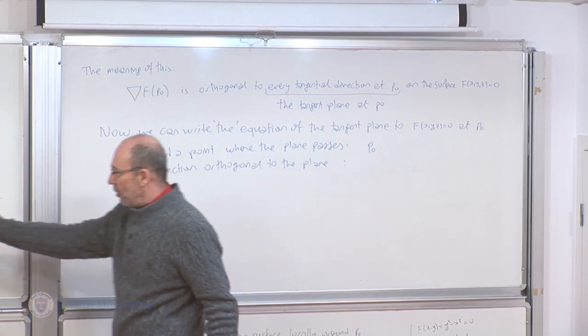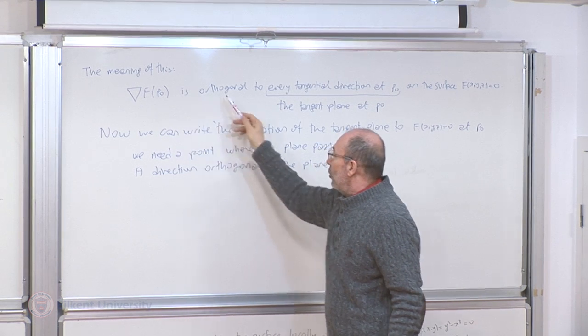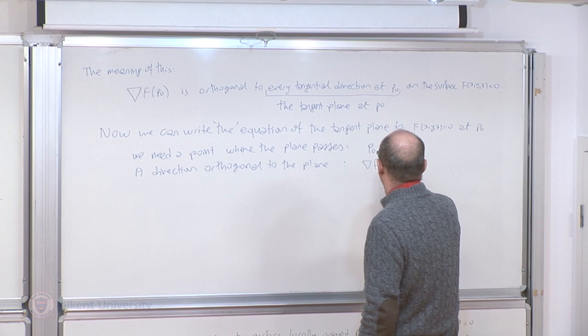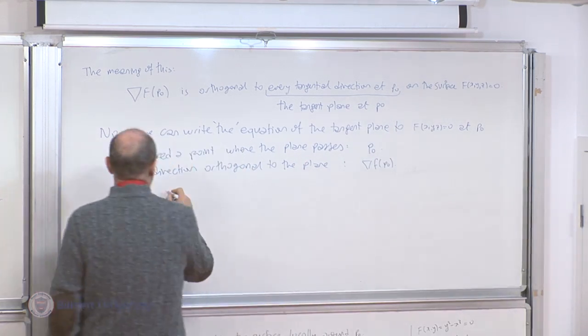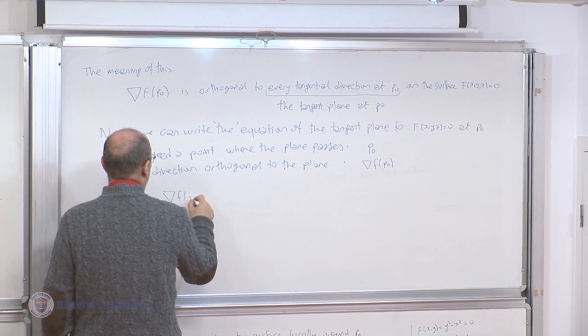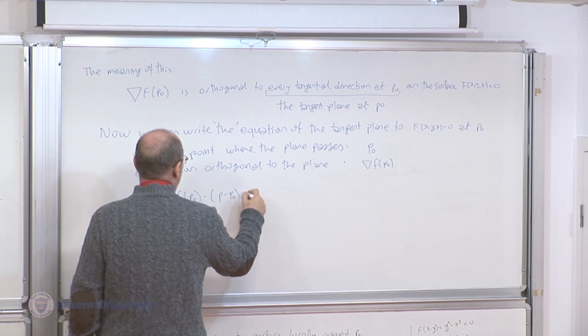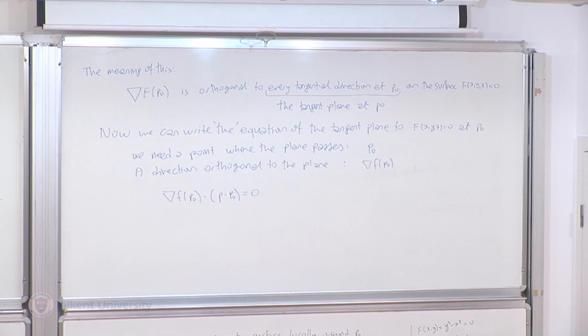Okay, so here it is. We interpreted this by saying that this is orthogonal to the tangent plane. So it is here, gradient of f at p sub 0. Now we write the equation. Okay, so the equation is gradient of f at p sub 0 dot product p minus p sub 0 equals 0. This is the equation. Okay.